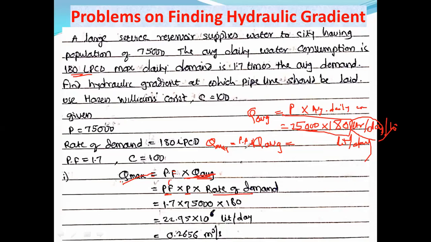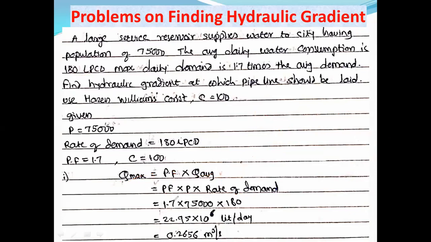So PF into P into rate of demand. PF is 1.7, population 75,000, rate of demand 180. After multiplication you will get this value. Do the calculation in your calculator and check whether you get the same values. The unit will be liters per day.